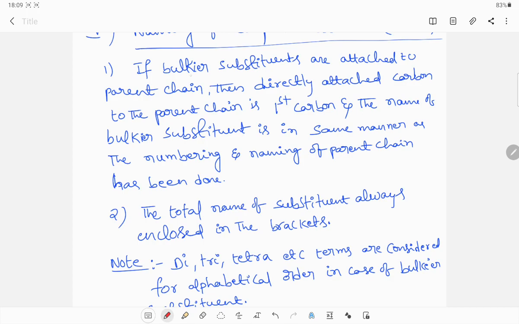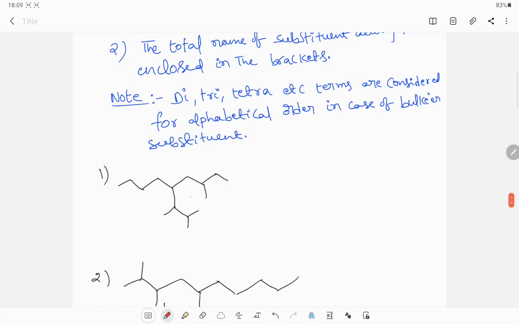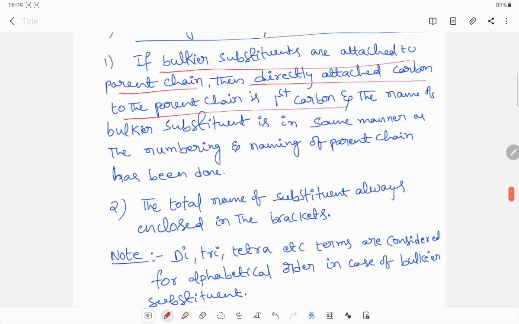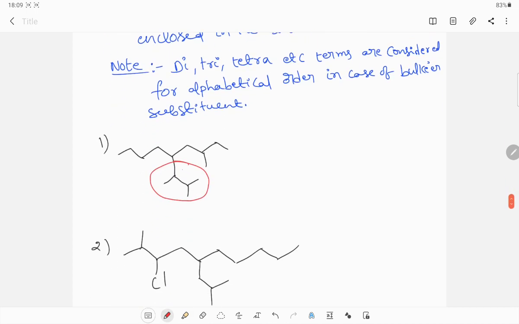If bulkier substituents are attached to the parent chain, then the directly attached carbon is the first carbon. See here, it is a complex substituent. Here this is the first carbon.